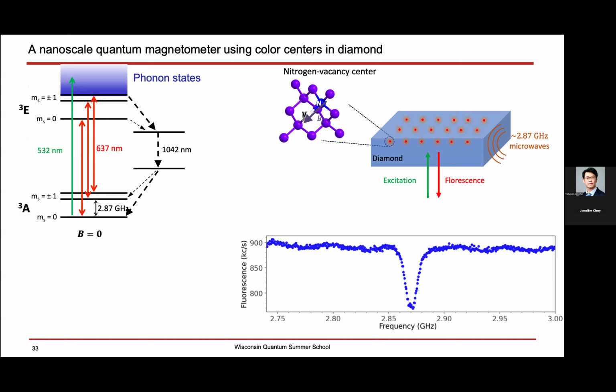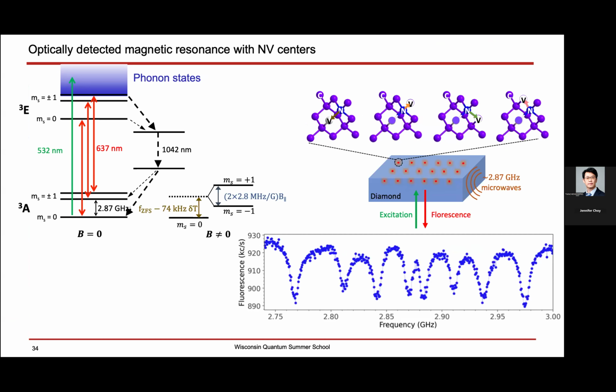So we are using this NV center to measure the changes in magnetic fields that it experiences, with this optically detected magnetic resonance measurement. And that allows us to measure magnetic fields.